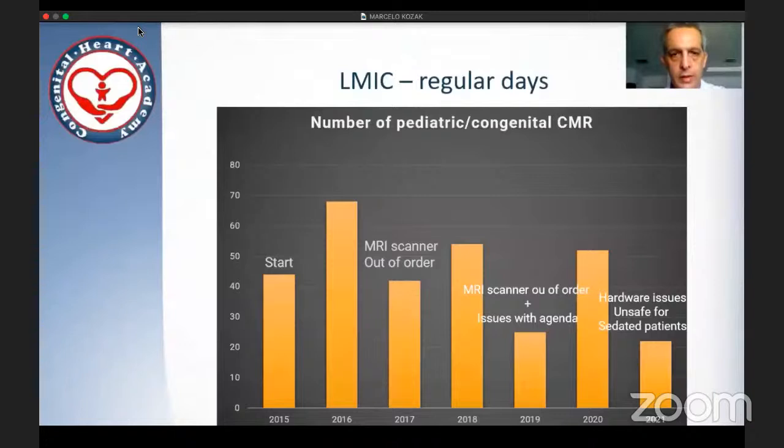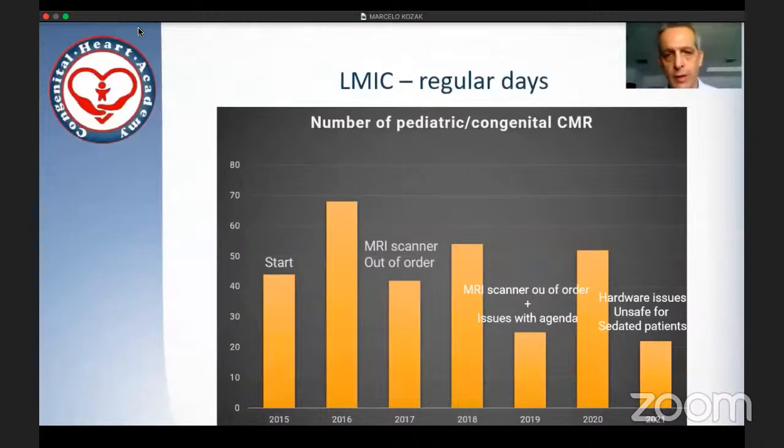This is the number of CMR cases I've been doing since I joined this program in 2015. In 2015, there was the start. Then in 2016, we improved the numbers. But then in 2017, the MRI scanner was out of order.